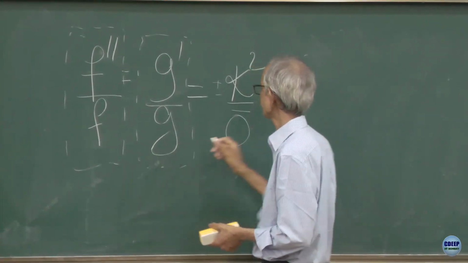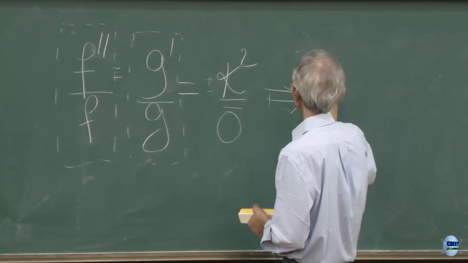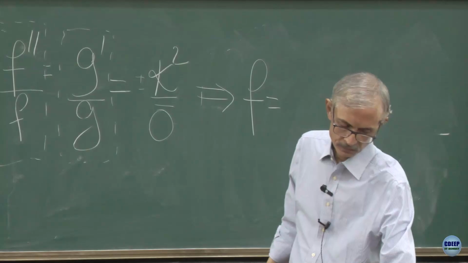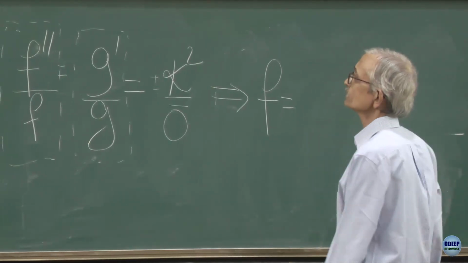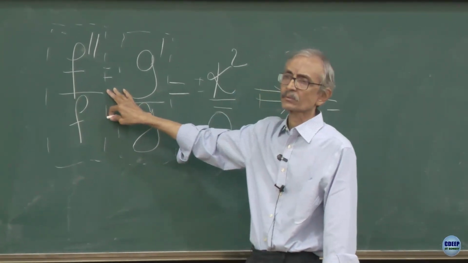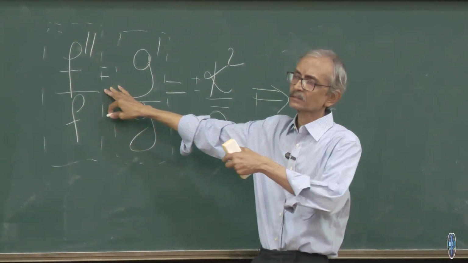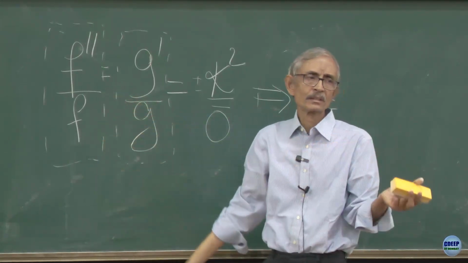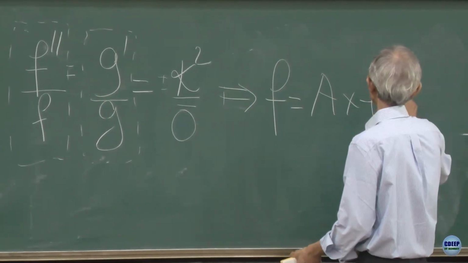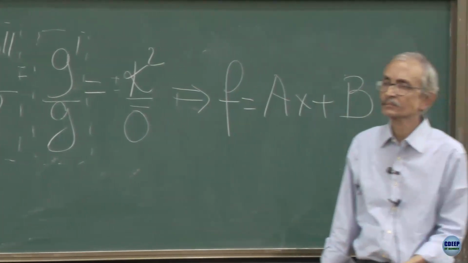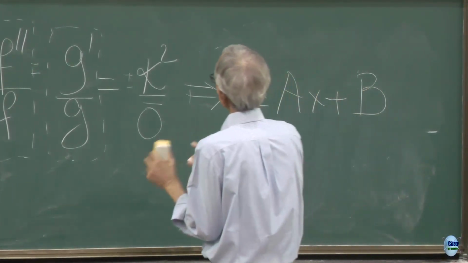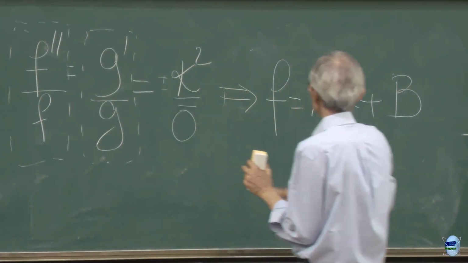So what happens to f? If k square is 0, f double prime by f is equal to 0, which means you have just an ordinary differential equation, differentiate it 2 times, you get f is ax plus b. So remember, you can argue like in the earlier case and then get rid of 0.